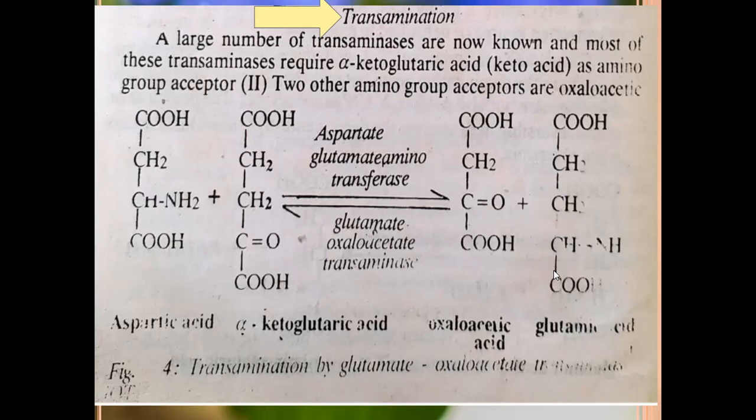From oxaloacetic acid and glutamic acid, in the presence of glutamate oxaloacetate transaminase, the amino group is transferred from glutamic acid to oxaloacetic acid. Oxaloacetic acid converts into aspartic acid, and glutamic acid converts into alpha ketoglutaric acid. This is the first transamination process, called glutamate oxaloacetate transaminase.